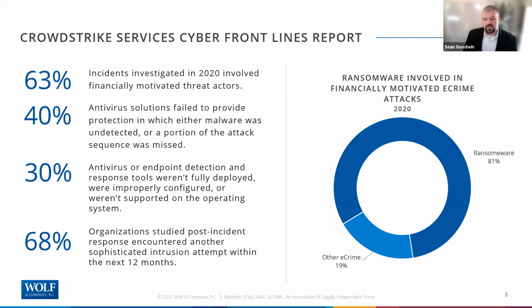What was also interesting here is the folks that did have some of these tools deployed, in almost a third of those incidents, either it wasn't installed on every endpoint. So what you can think of there is companies scrambling to deploy laptops. And I should note the data from the incidents here is covering the year of 2020 for the 2021 incident, hence the focus on kind of early stage COVID response information.